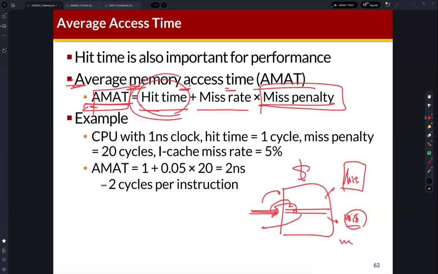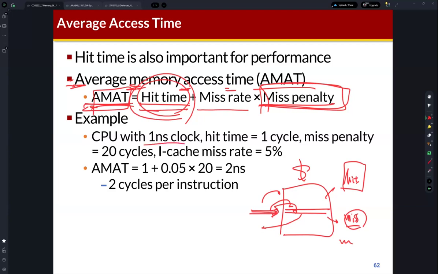So hit time is common for the hit and miss cases, right? And the miss penalty just defines the additional cycles for a miss, okay? Based on this data, we can calculate the average memory access time.